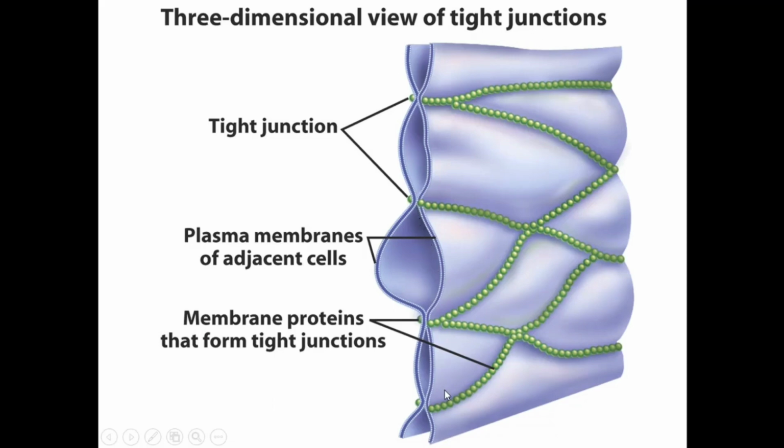In magnification, you see two cell membranes. One of them is from one epithelial cell and the other is from the other epithelial cell, attached together by tight junctions. In the tight junction, in fact, the proteins sew the two cell membranes together, so the material cannot pass between two cells.